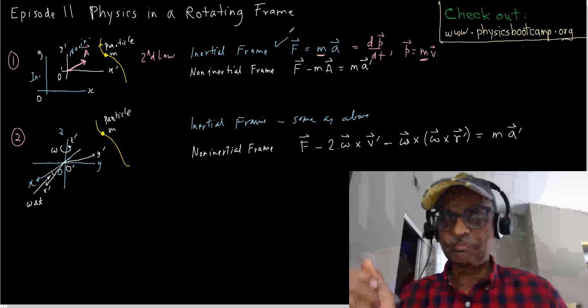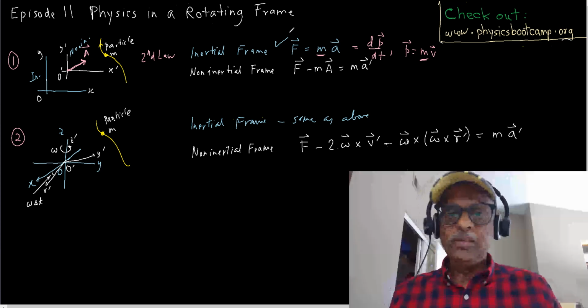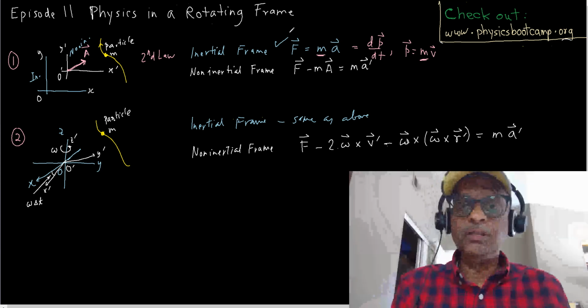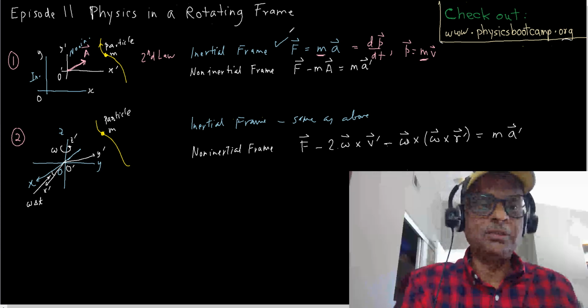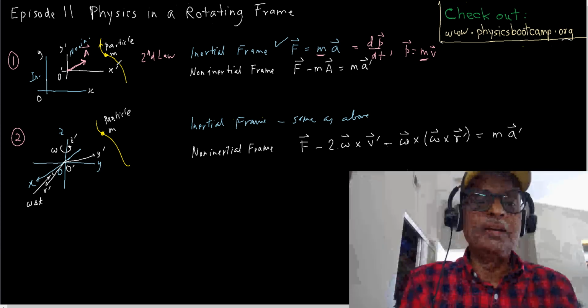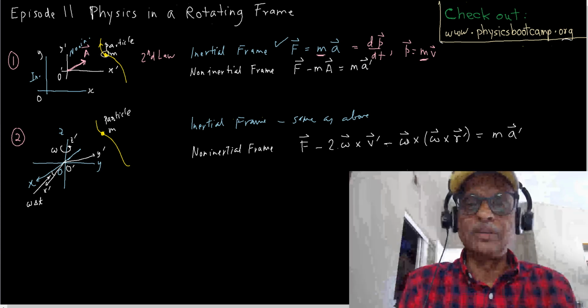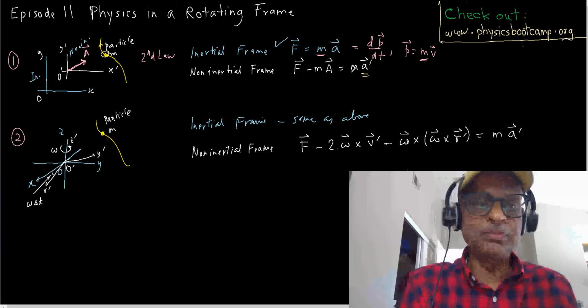You can just do a time derivative and you can figure that out. Okay, so that acceleration, when you work it out, for the same particle, its acceleration in this frame may look like a prime.